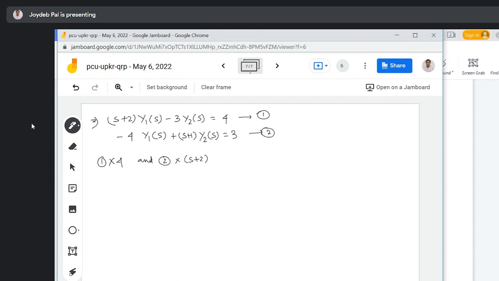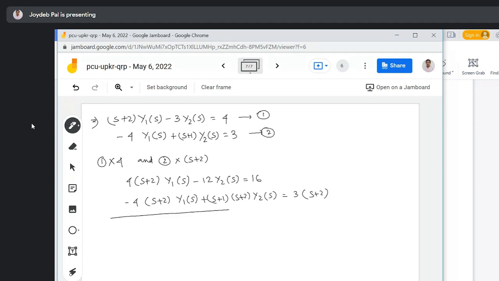I am doing this: multiply equation 1 by 4 and equation 2 by s plus 2, to see how Y1(s) gets eliminated. You can apply any other method also. So 4 into (s plus 2) Y1(s) minus 12 Y2(s) equals 16, and secondly minus 4 into (s plus 2) Y1(s) plus (s plus 1) into (s plus 2) Y2(s) equals 3 into (s plus 2).